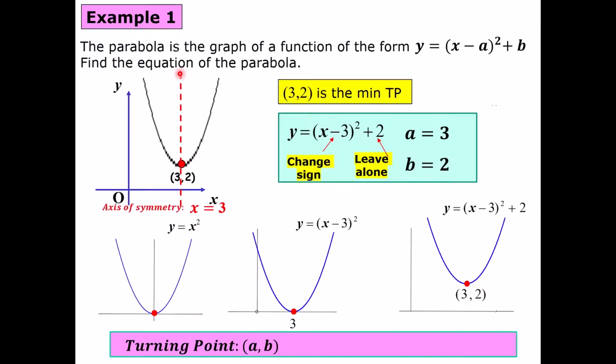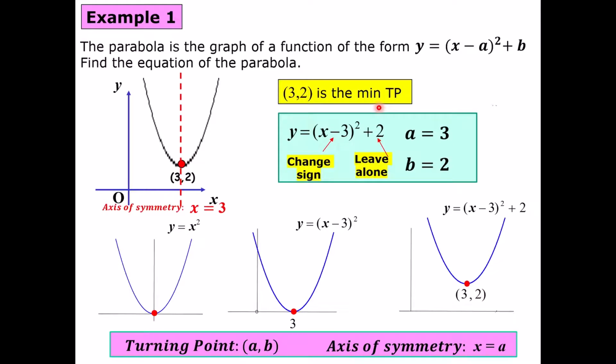And that is your axis of symmetry. And you can see that 3 is equal to a. So axis of symmetry, x equals a. This pink box down the bottom is the most important bit, and you need to know where a and b come from and how to pick it out of the equation of the parabola.